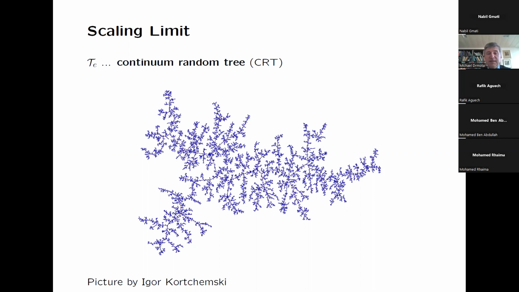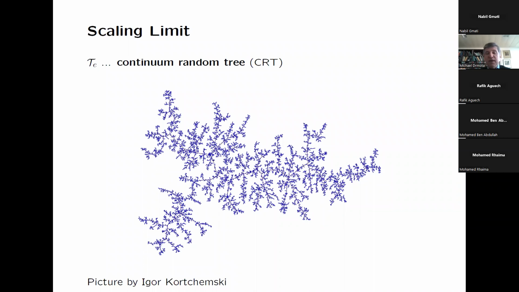This is a random metric space that is tree-like in the sense that 2 points of this metric space have a unique connection in this space. So this can be defined formally, but it is the right generalization of a discrete tree to a continuous object.